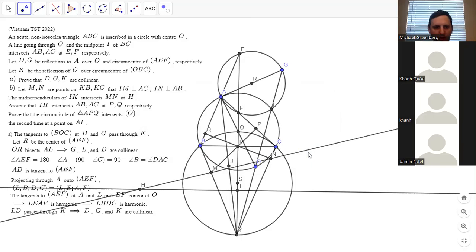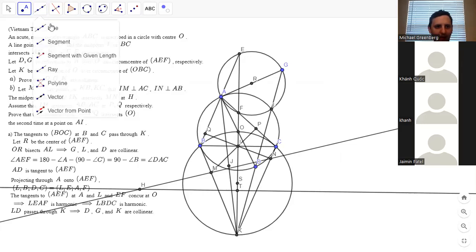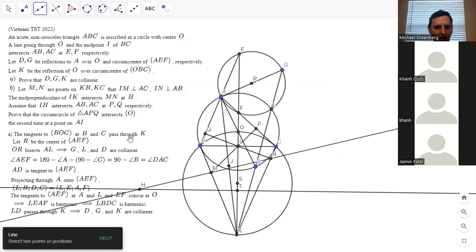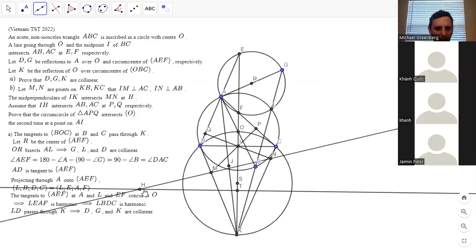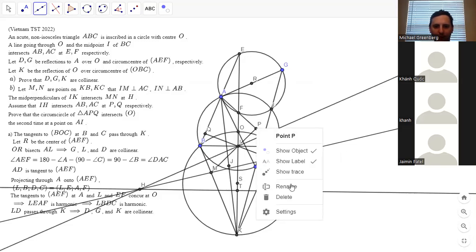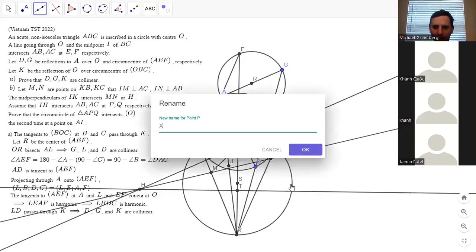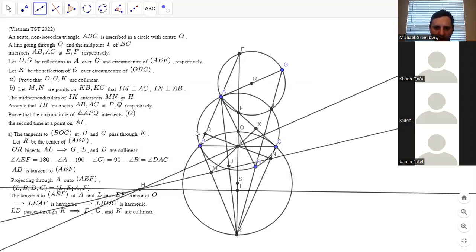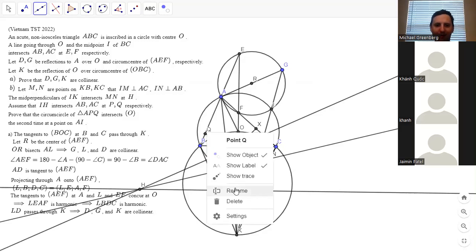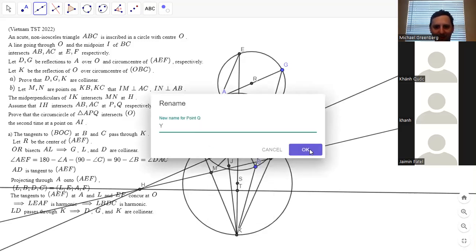Okay. Assume that IH, wow, this is very complicated. IH intersects AB and AC at P and Q. Oh, I just made these P and Q, so I got to change them. I'll call it X and Y. I'll call this X, and I'll call this Y. I feel like this diagram is just too complicated.